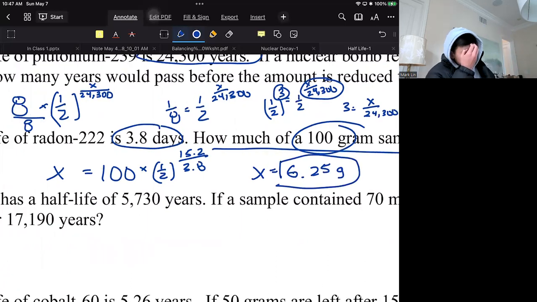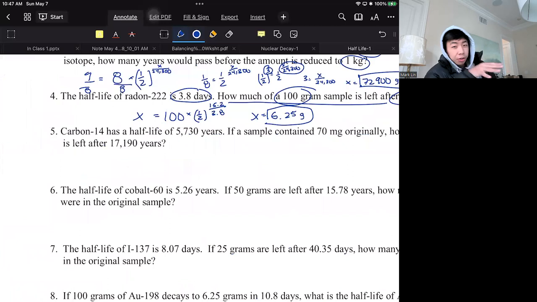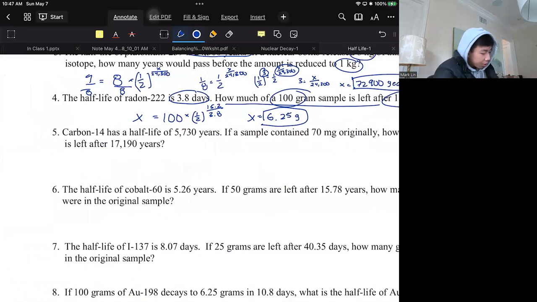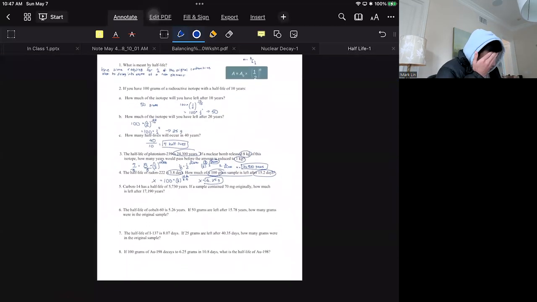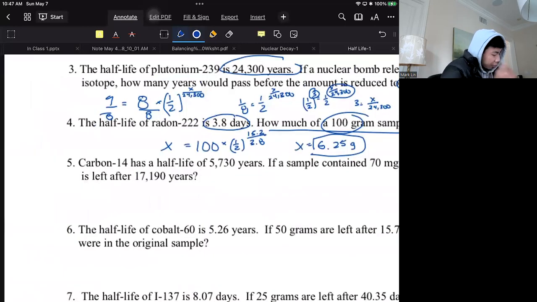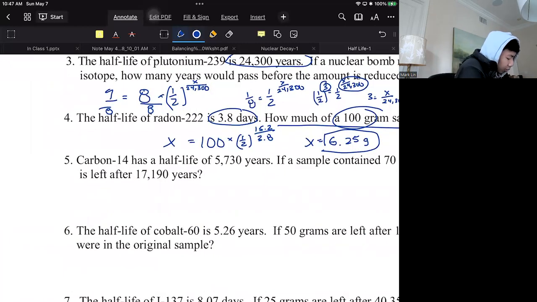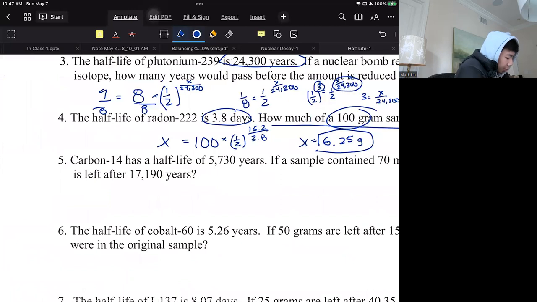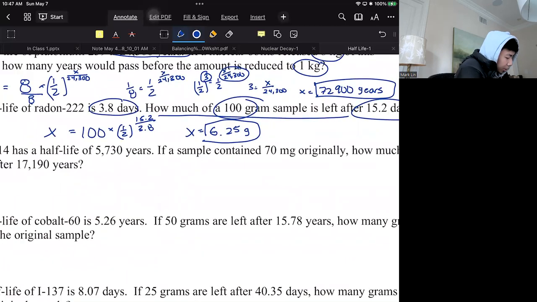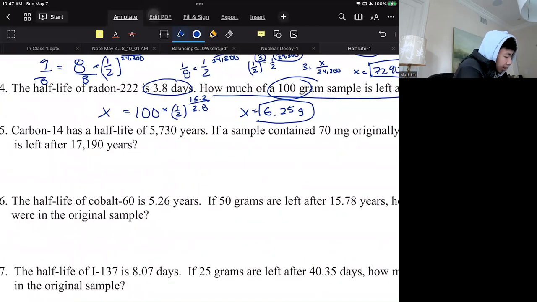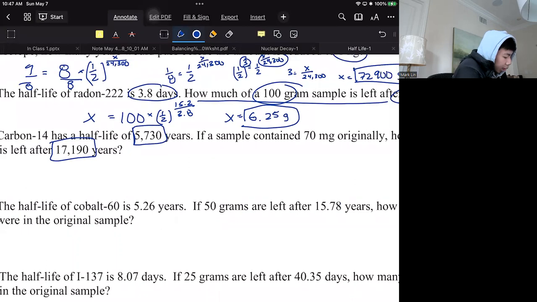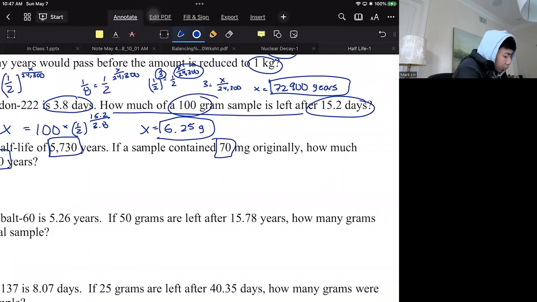Hopefully, you guys are getting the groove, the chemistry groove right now. All right, moving on. Carbon 14 has a half-life of 5,730 years. A sample contains 70 milligrams originally. How much is left after 17,190 years? So we have the time elapsed, the half-life, and then we have the original.